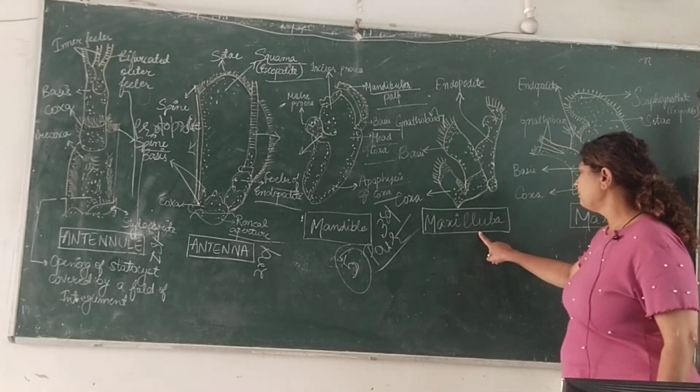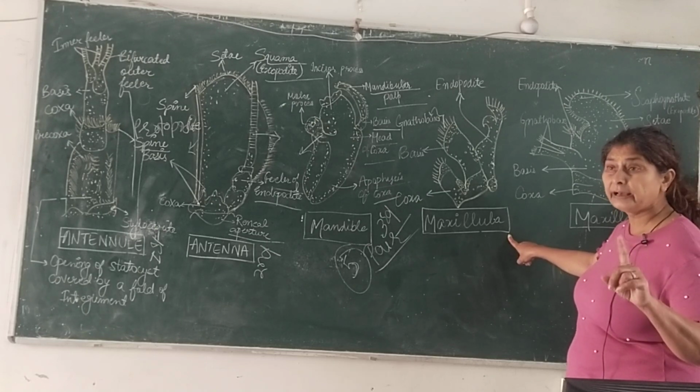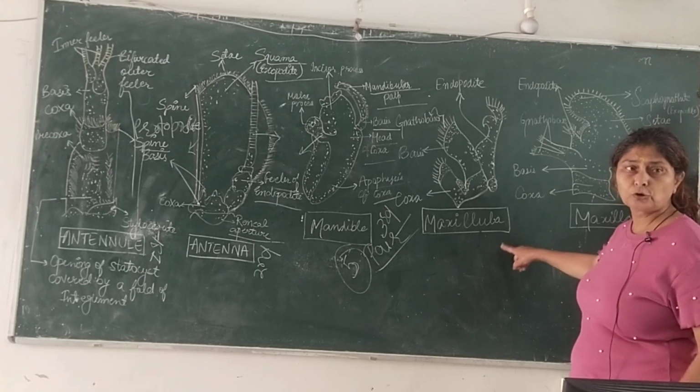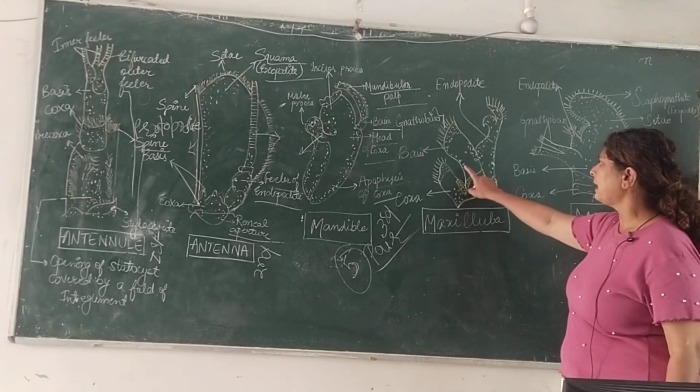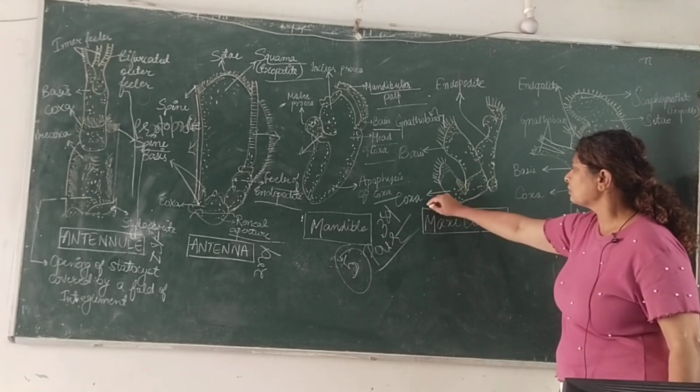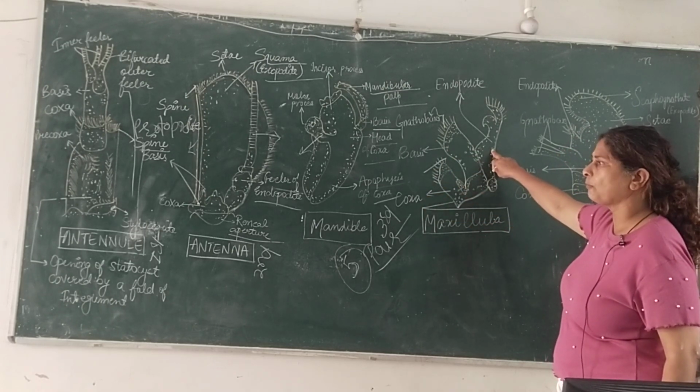Next is maxillula. दो होंगे maxillulae, ठीक है, दो ही होंगे ना, एक लेफ्ट ते एक राइट. It again has three parts: coxa, basis and endopodite.